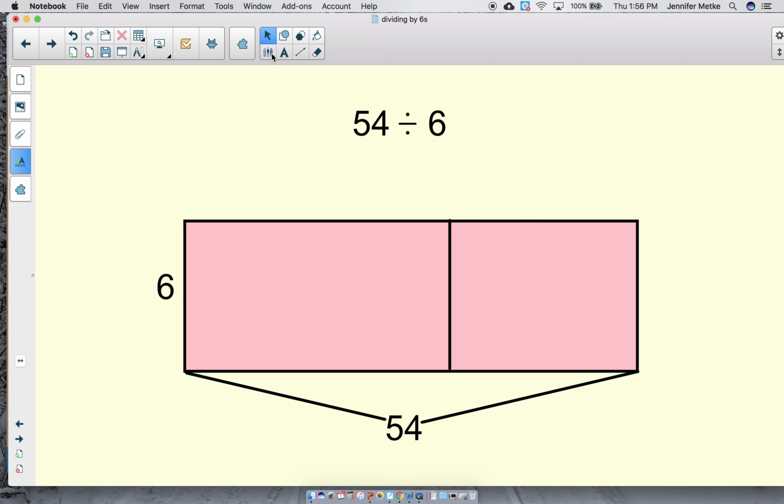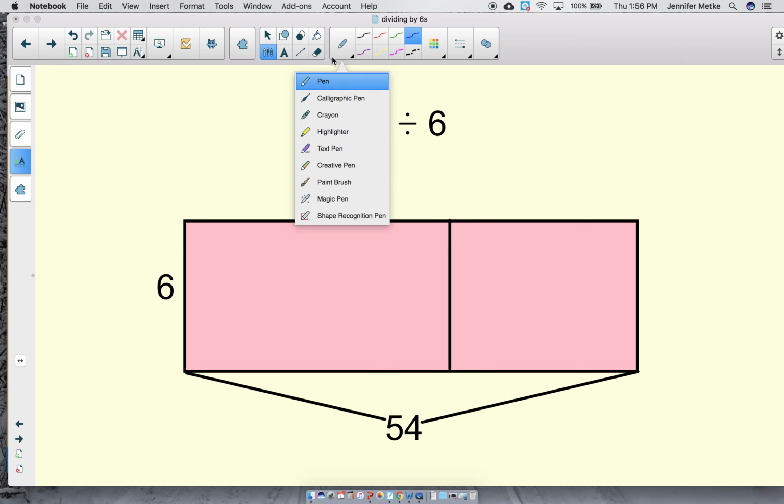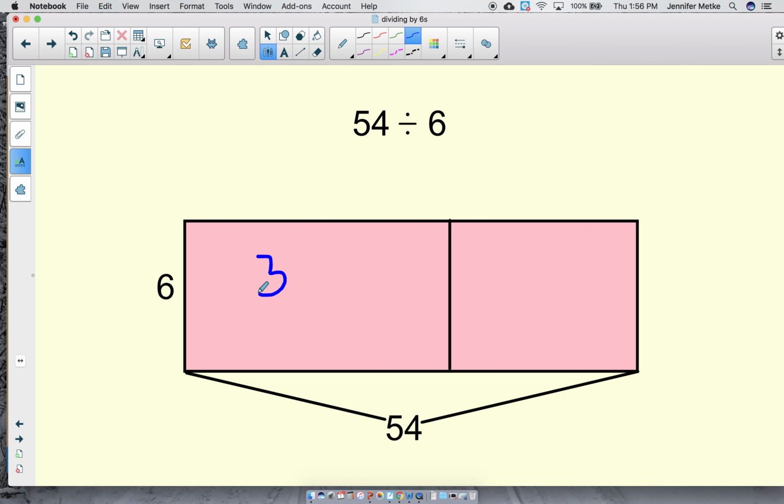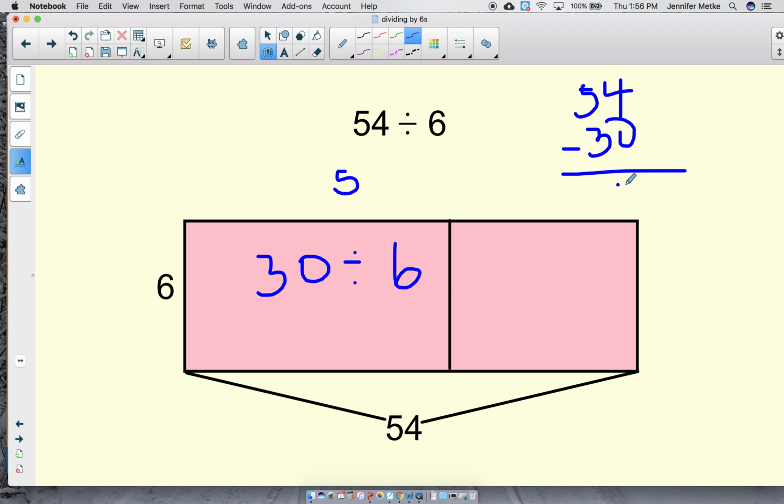So I might think, well, I know that 30 divided by 6. I know that fact, and I know that that's 5. So I had 54 as a total, and you'll see that I just used 30, and mentally I can solve that really quick. I know there's 24 left.